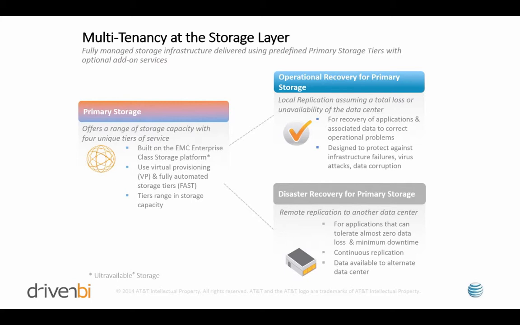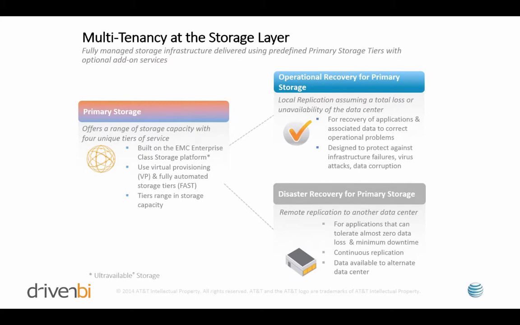And then for that storage, we provide multiple layers and services for recovery. Our operational recovery, if you will, for our primary storage allows for recovery at the file layer locally. So we're storing in the data center itself a copy of that file so that you can recover it from an operational standpoint, meaning I need a file restore from yesterday, from 2 weeks ago.